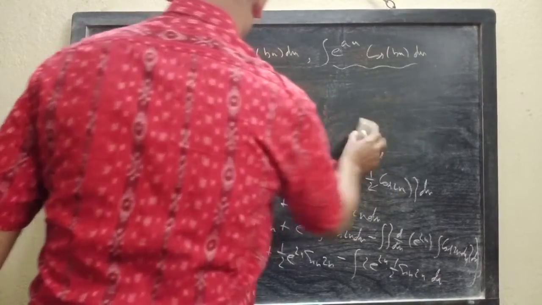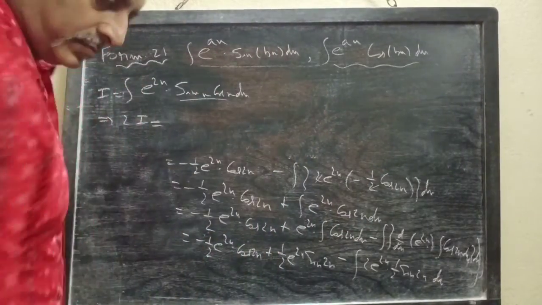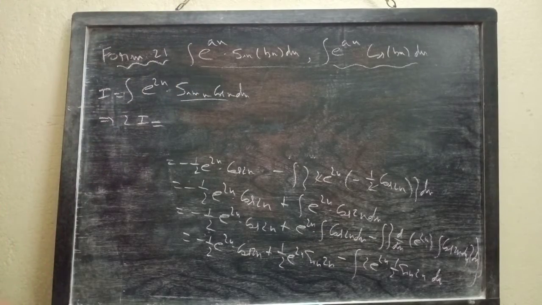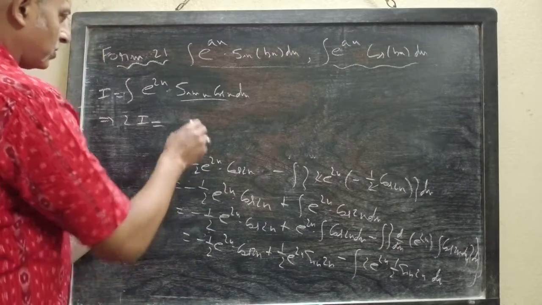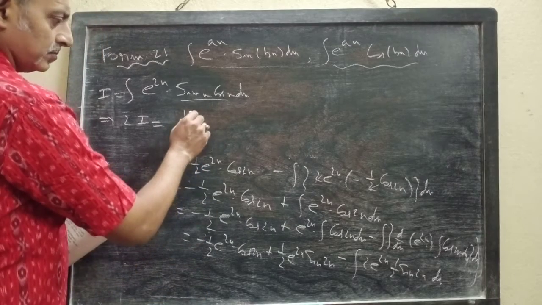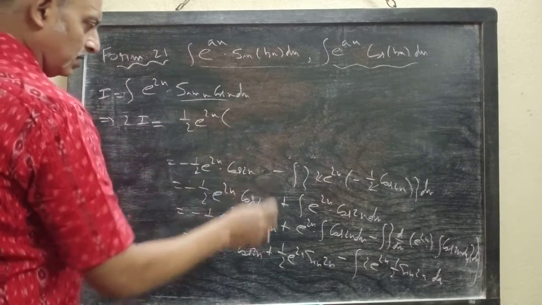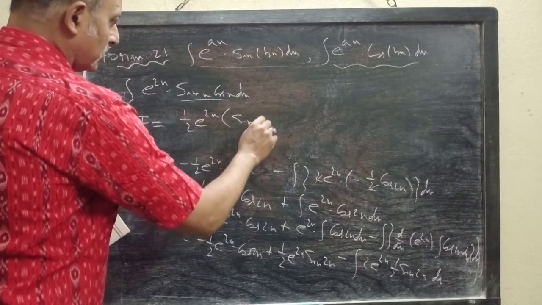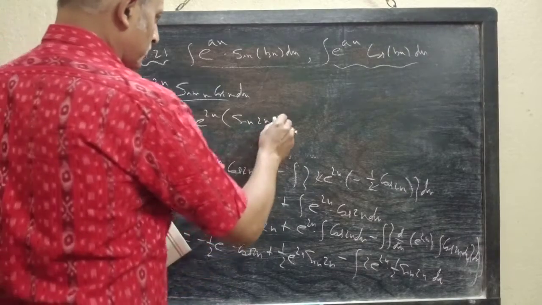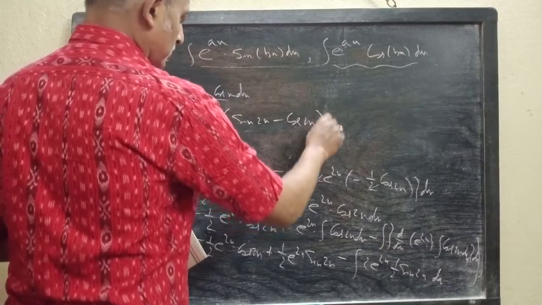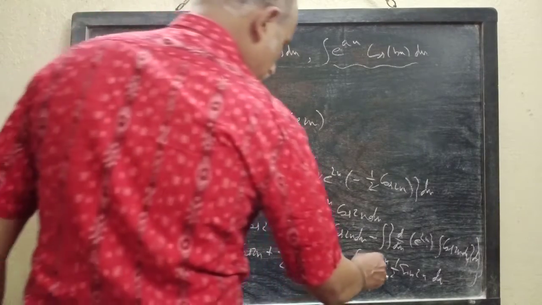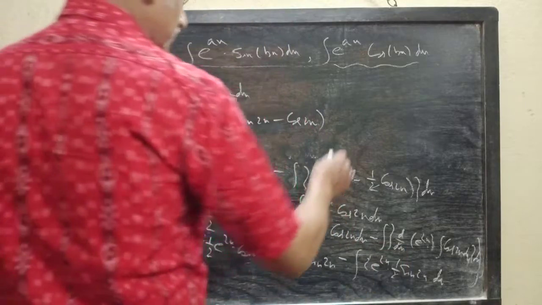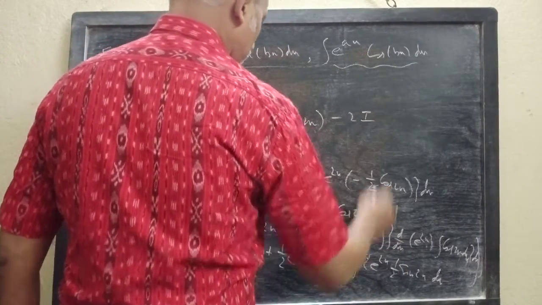From here we take half e to the power 2x common, then sin 2x minus cos 2x. The 2 cancels. This is 2i again, minus 2i.